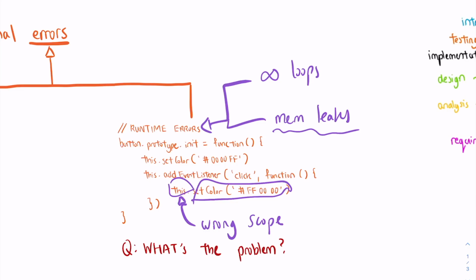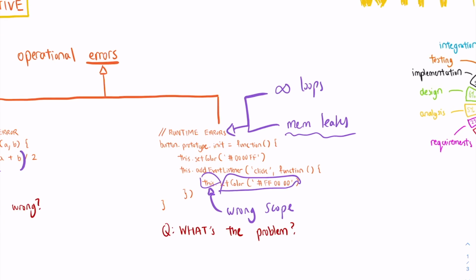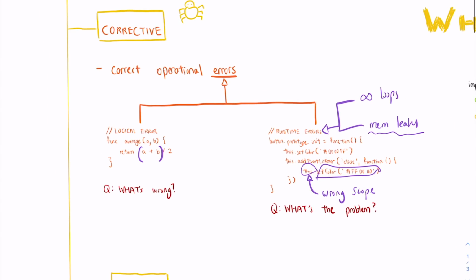Or it may just cause your software to crash, or run forever. So all these behaviors are things you really want to avoid. We need to correct all of these things, and in general, this is classed under corrective maintenance.